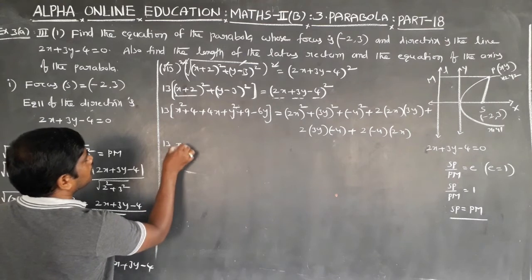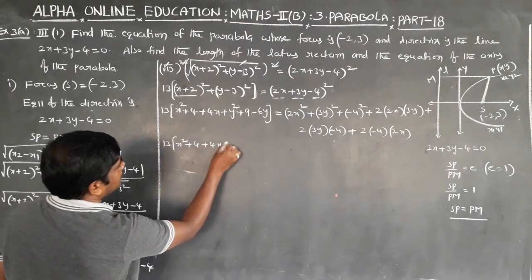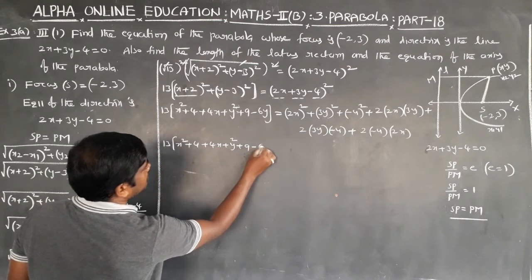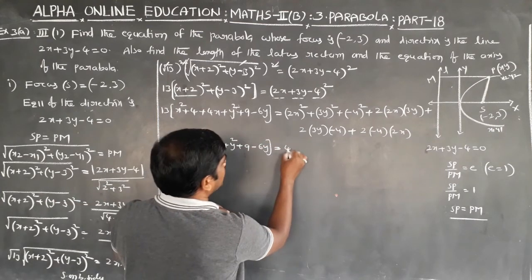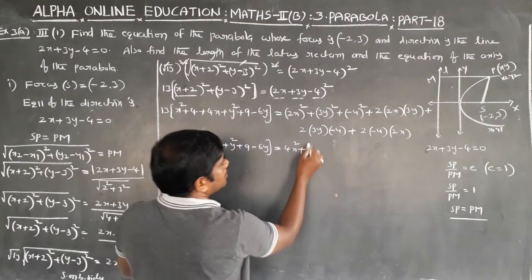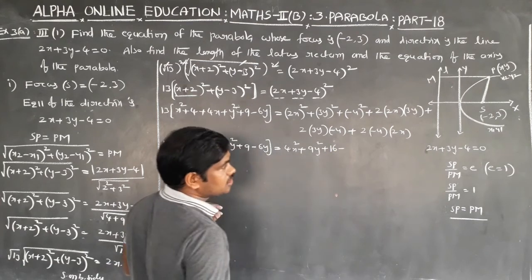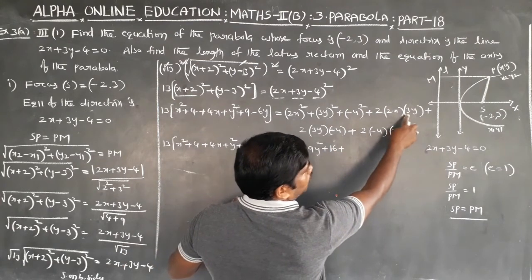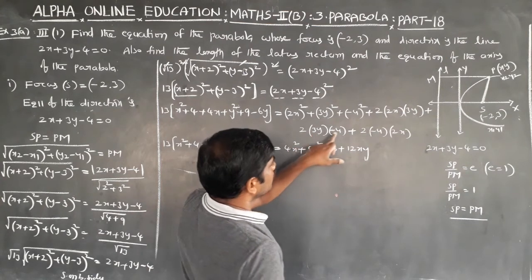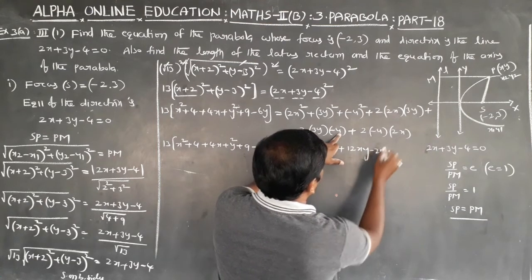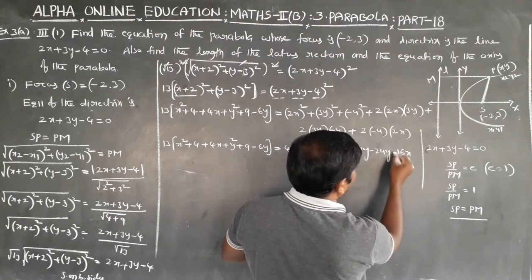That is 13 into (x square + 4 + 4x + y square + 9 - 6y) is equal to 4x square plus 9y square plus 16 plus 12xy minus 24y minus 16x.